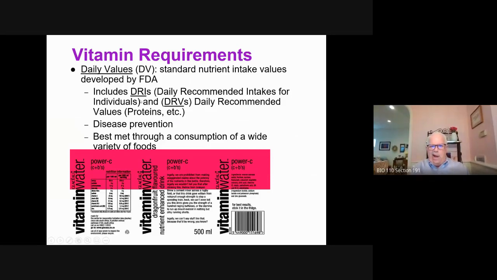The daily recommended intake, the daily values, the daily recommended values, it must tell you what's in everything that you buy today. The Food and Drug Administration has regulated the requirements of most vitamins.